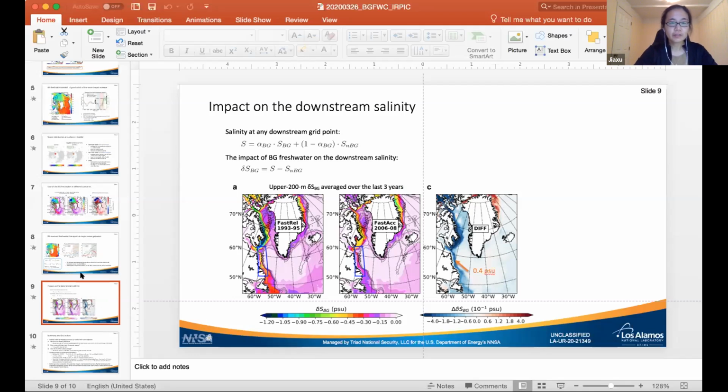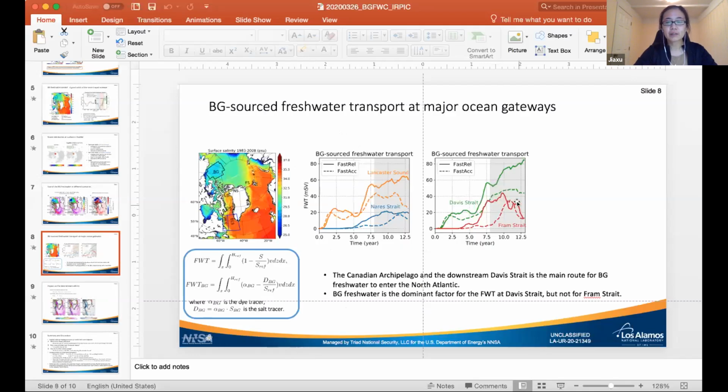We already find that for the liquid freshwater part, the Davis Strait definitely has much more export compared with Fram Strait. But at Fram Strait, the sea ice export is much larger than the liquid part. So it will be really nice to compare the total freshwater transport at the two locations. Thank you.